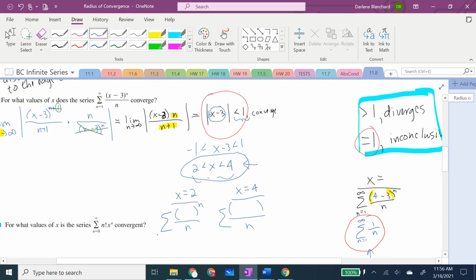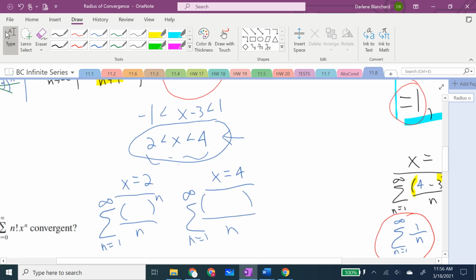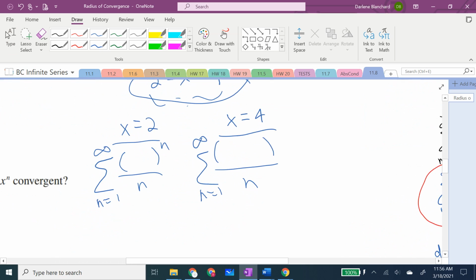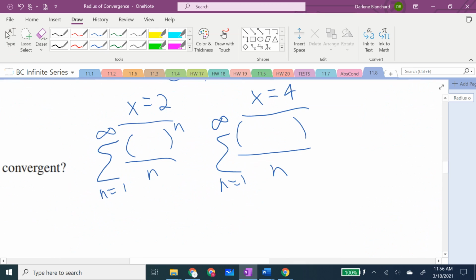All right, so sigma, I've got to write it twice. And then it's an x minus 3. So focusing just right here with x minus 3, x minus 3.